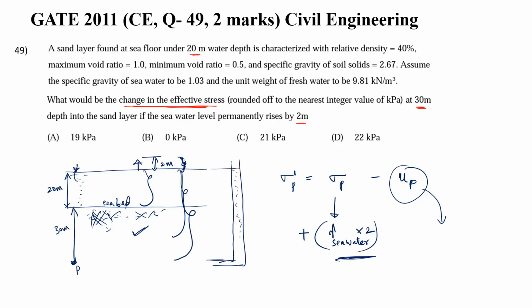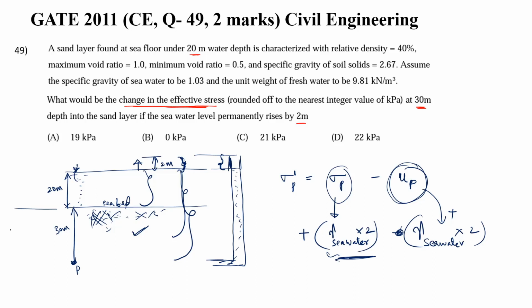After increasing the level of the water, the pore water pressure will also increase by the same amount, gamma of seawater into 2. So the increment in total stress and pore water pressure are both the same due to the increase in the height of the water, that too above the seabed.